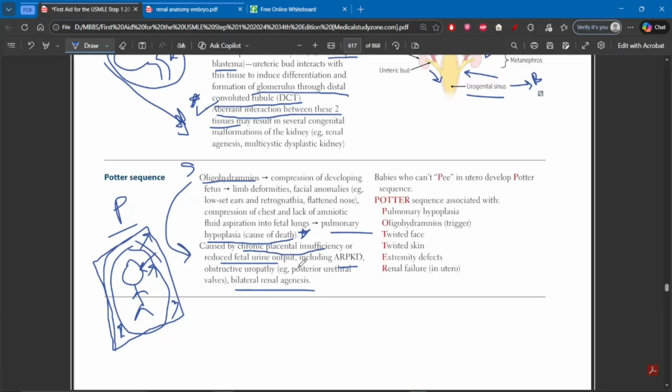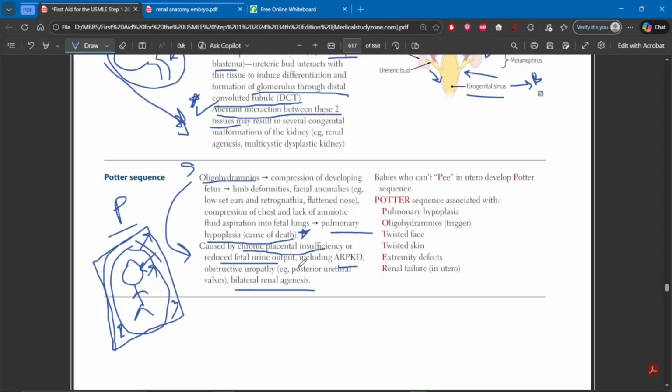Or the problem is not in the kidney. The problem is in the nourishment of the child, which means that if the child is not getting adequate placental nourishment, then of course the body will not be functioning properly.